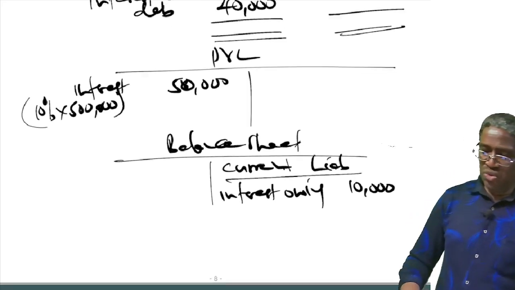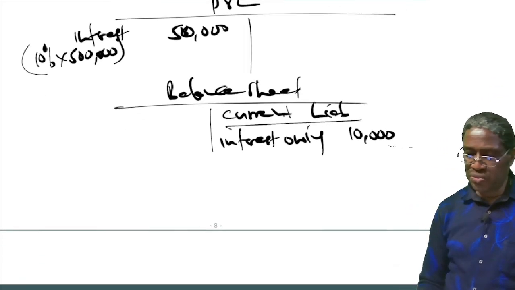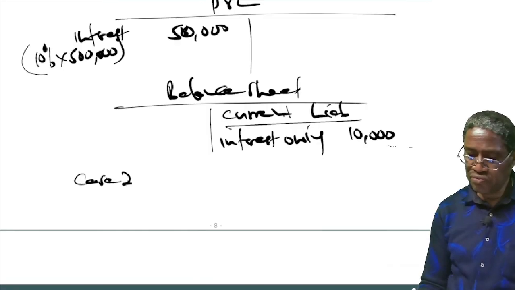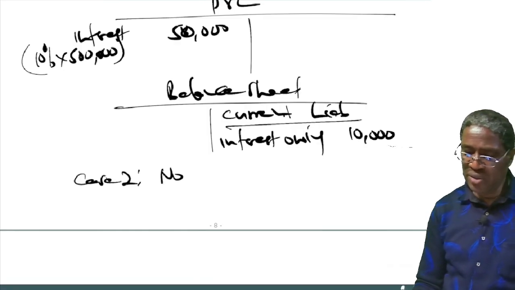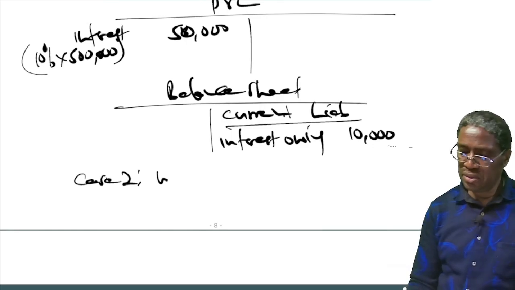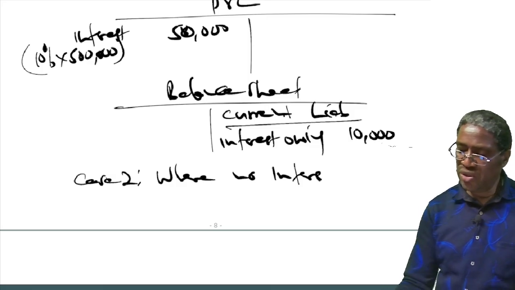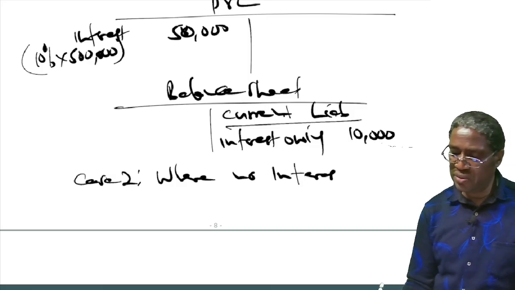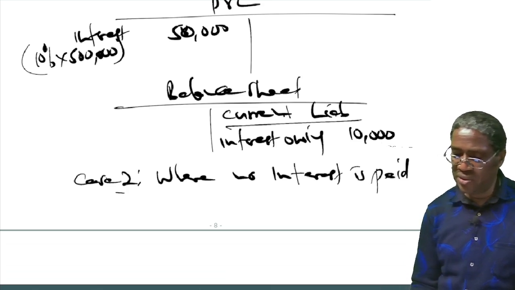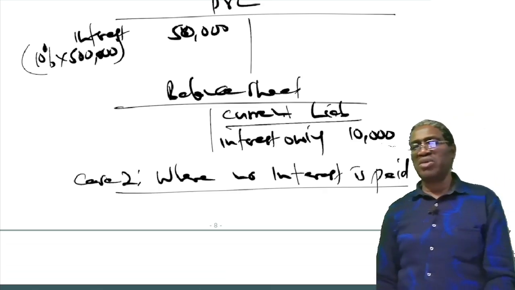If you're through, you can now write case 2, where no interest is paid. That's our case number 2.